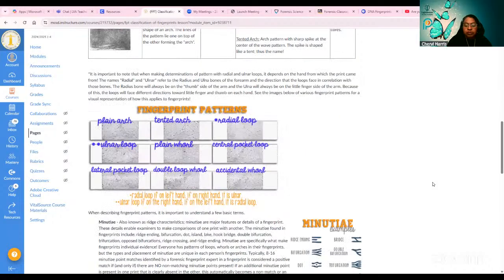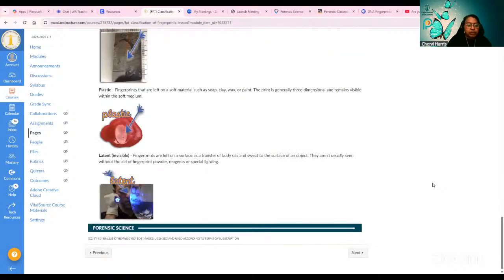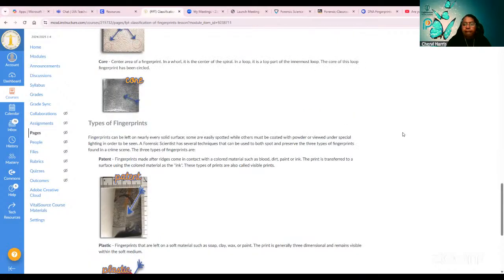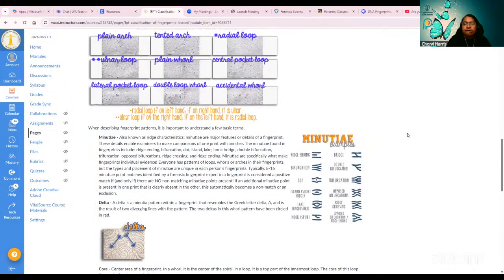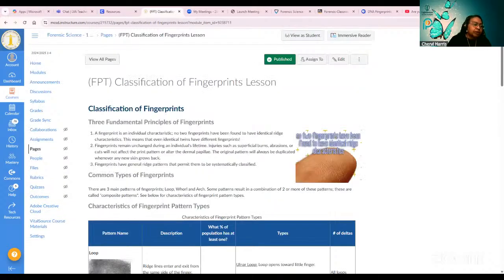Read over this page, and then we're going to look at a video. Everybody seems to have come in, but take 5 minutes to read anyway.